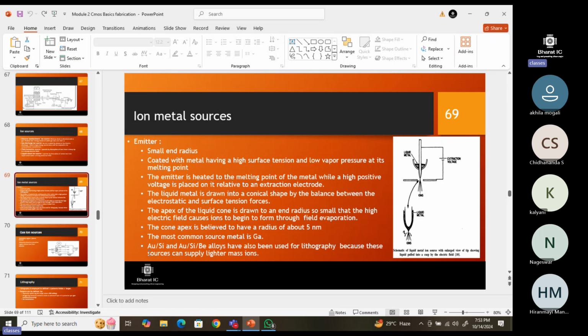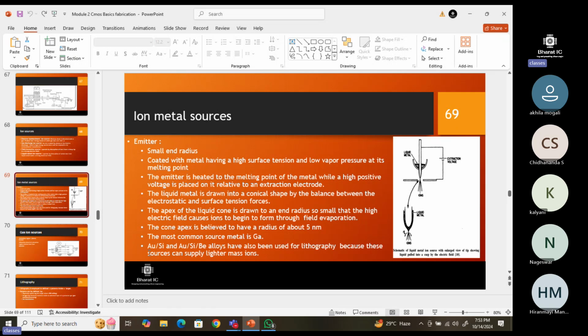Now the apex of the liquid cone is drawn to the end of the radius, and it is so small that a high electric field causes ion evaporation.